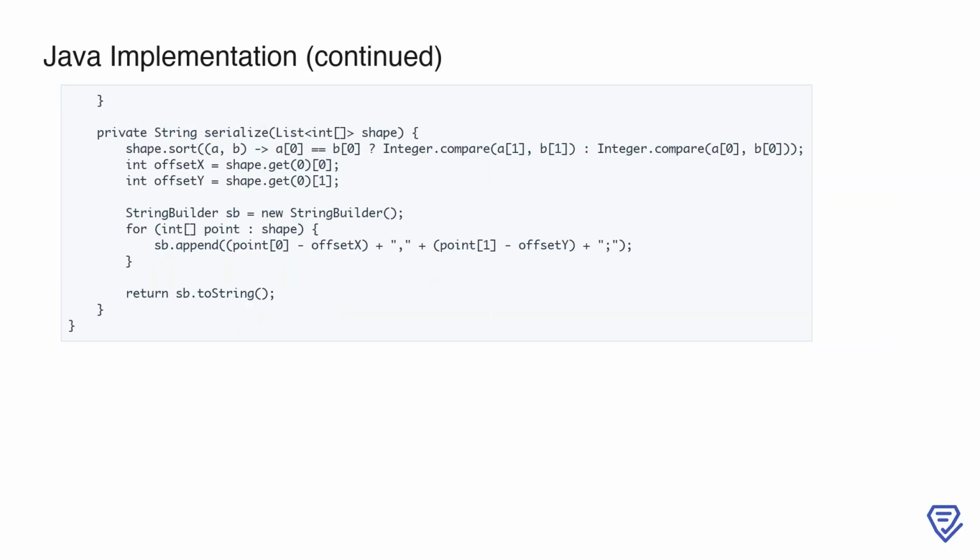The serialize method is a utility function used to convert the shape of an island into a unique string representation. First, the shape is sorted based on the x coordinates, and in the case of ties, by y coordinates. This ensures that the shape's points are ordered consistently. Then, we calculate the offsets for the x and y coordinates using the first point in the sorted list.